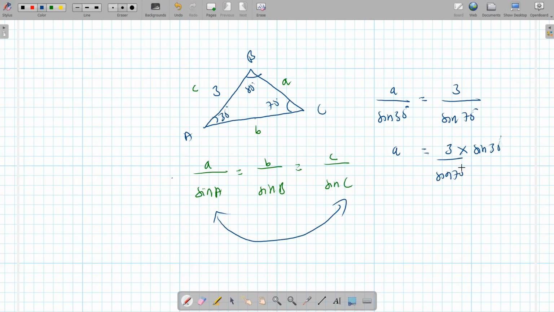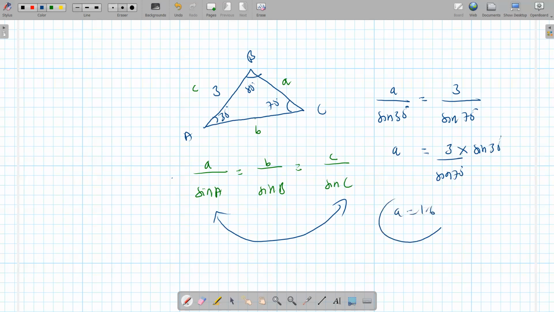Why don't you plug this into your calculator and tell me what you get? Is it 1.5? Right, 3 times sine 30 divided by sine 70. Yes, it is 1.59. So I can just say that's 1.6.